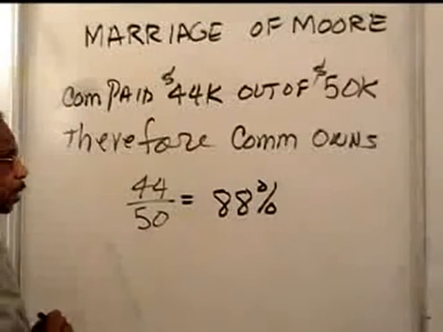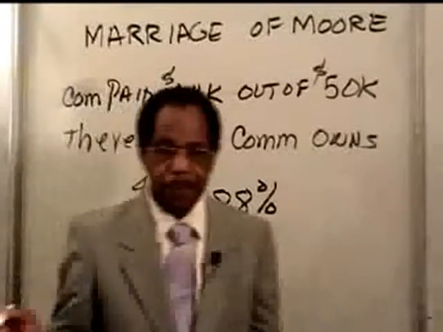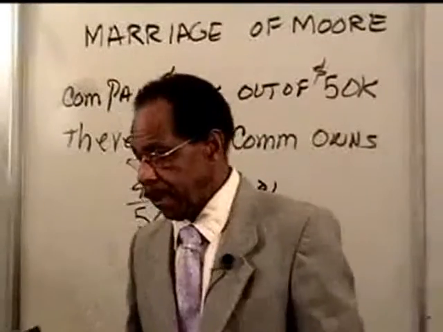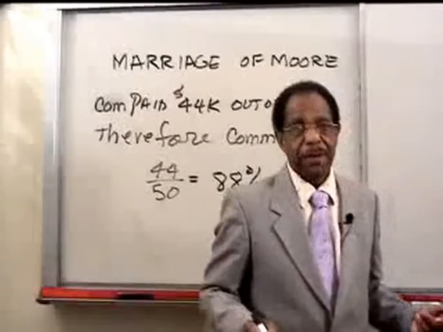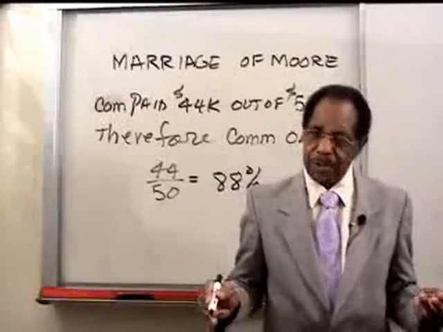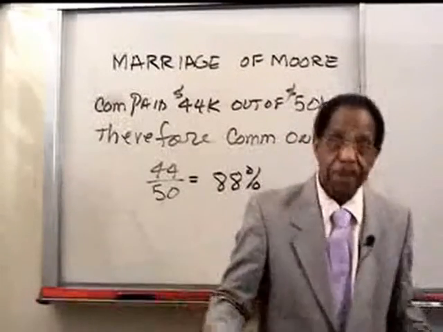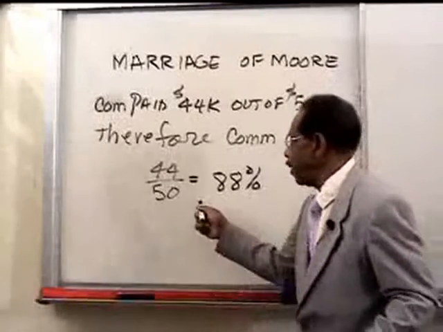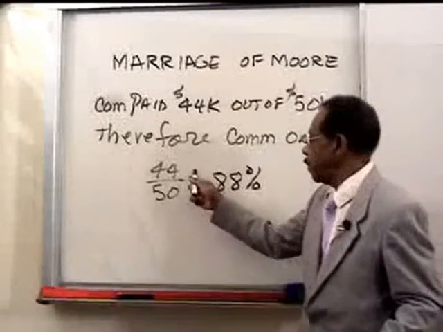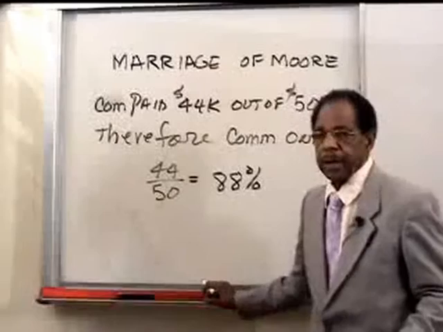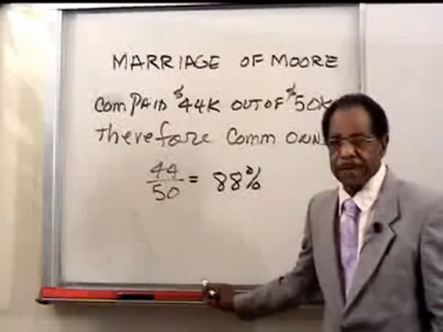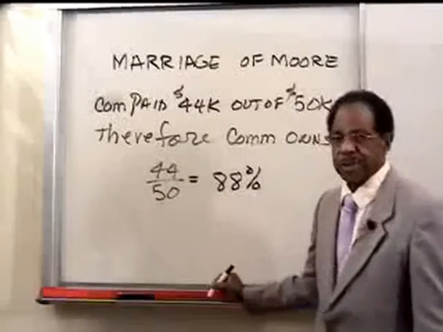Okay. Now, so the community owns 88%. This property is fully paid for. You could have a situation where there's still some balance left. It doesn't matter. If the community paid for 44 out of 50, even if there were a balance left, the community still owns this percentage.